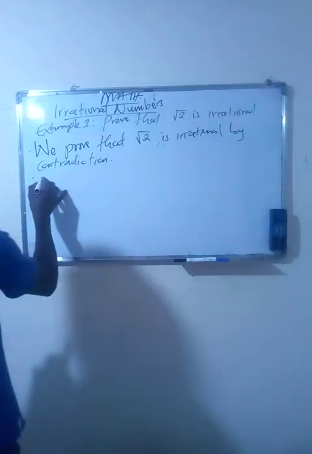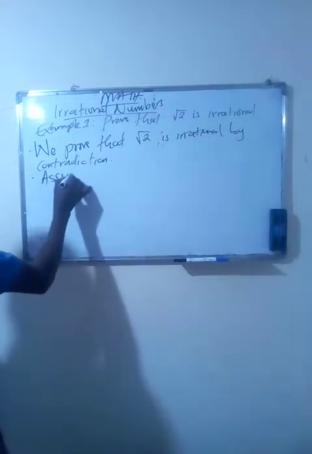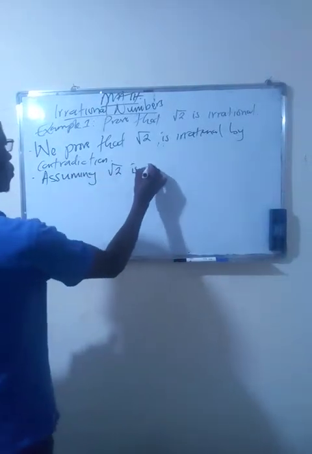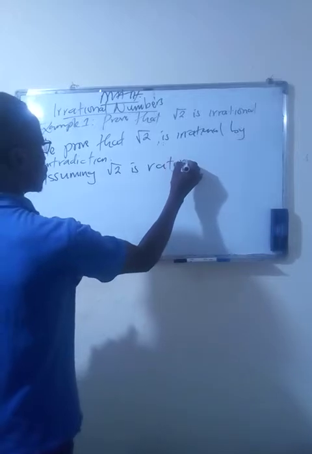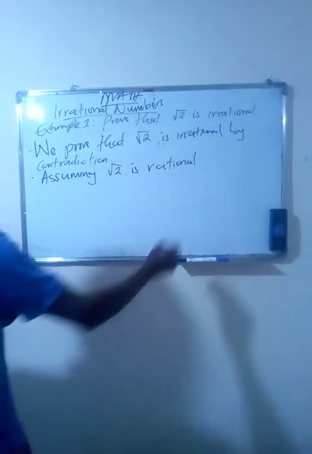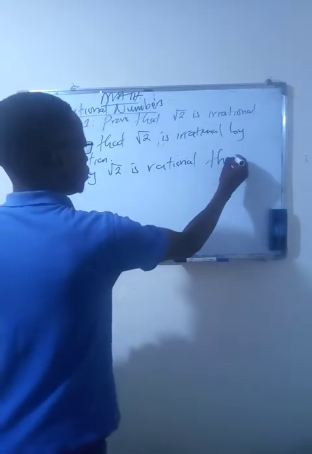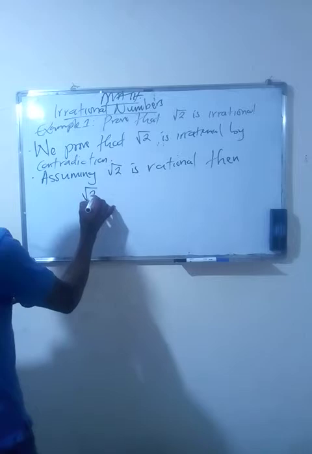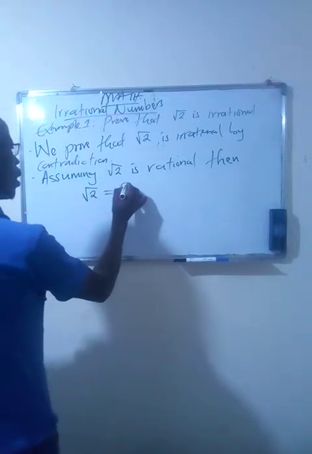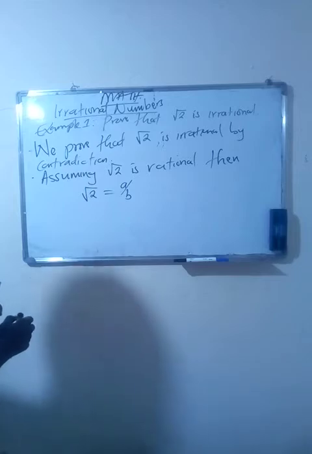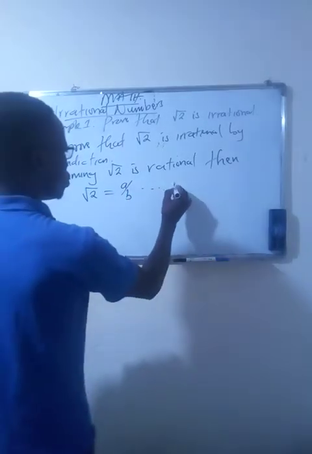Then we say, assuming root of 2 is rational, then we're saying that this root of 2 can be written in the form a over b. Let's call this equation 1.